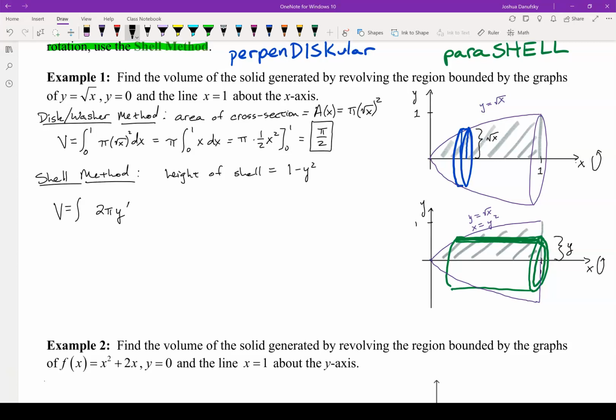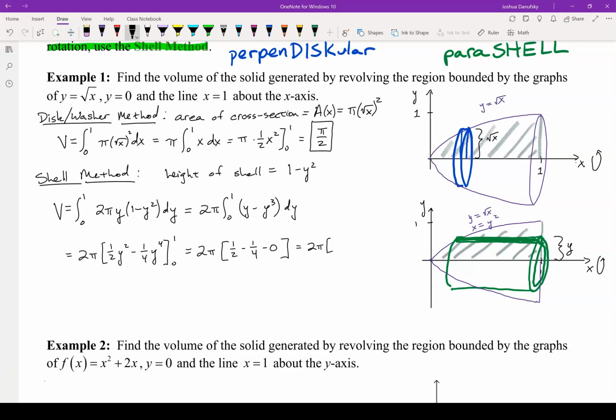The height of the shell is 1 minus y squared, and the thickness is our dy. And we're integrating from 0 to 1. Now we evaluate this integral. And we get to the same result.